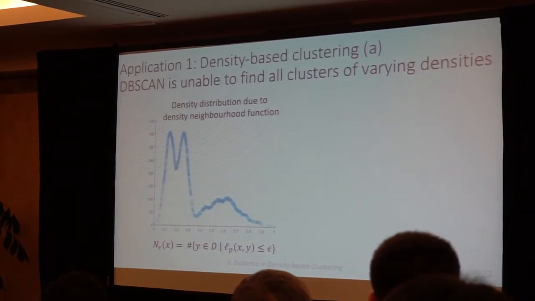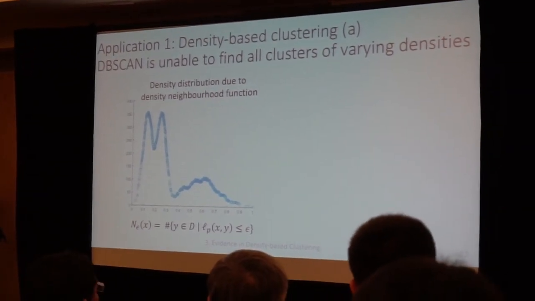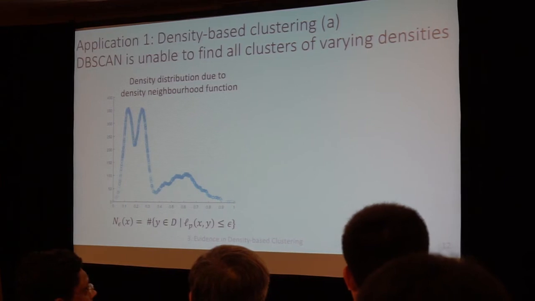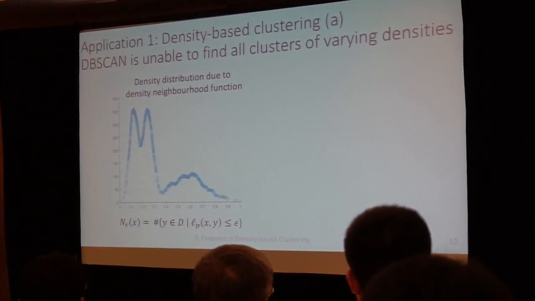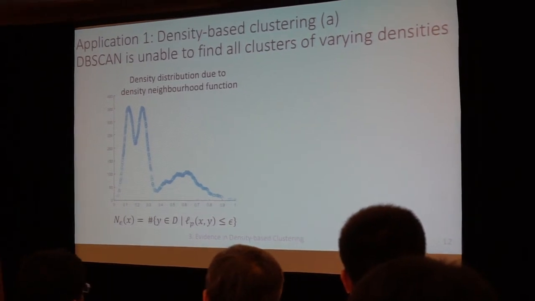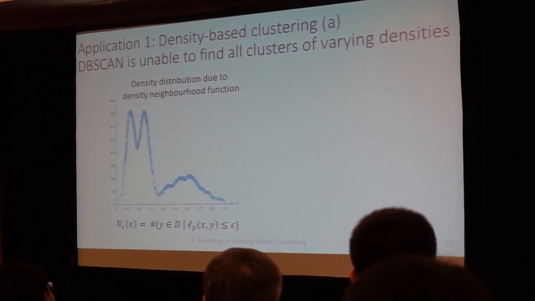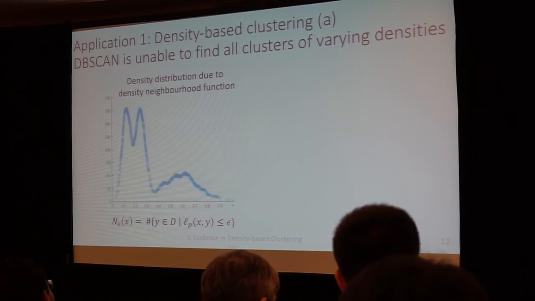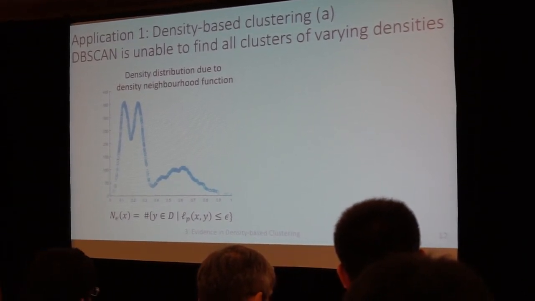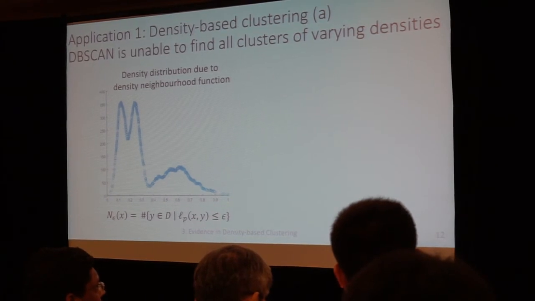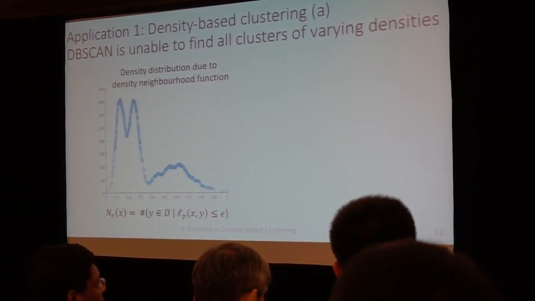So we apply that to 3 tasks. The first one I'm going to show you is density-based clustering, for example DBSCAN. We all know that DBSCAN is unable to find all clusters of varying densities. And in fact, from what I know, nobody knows exactly under what condition DBSCAN will fail to do that.